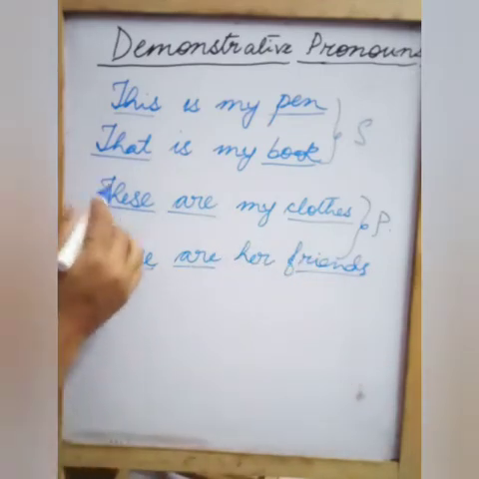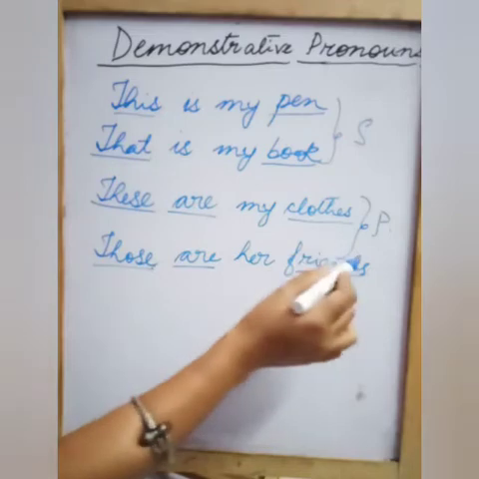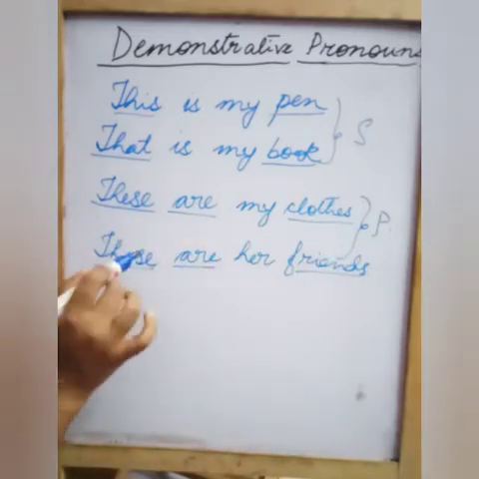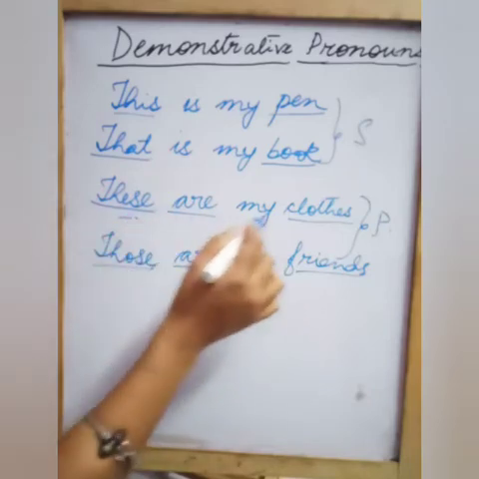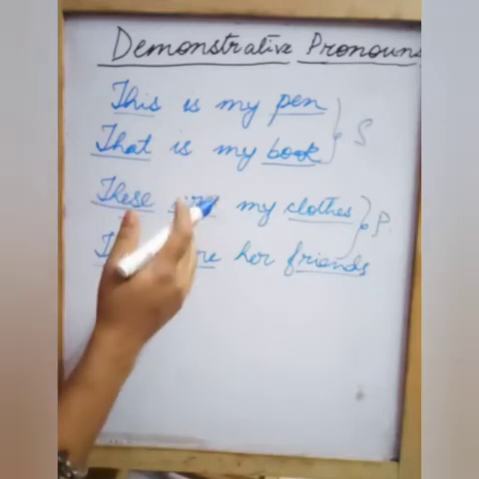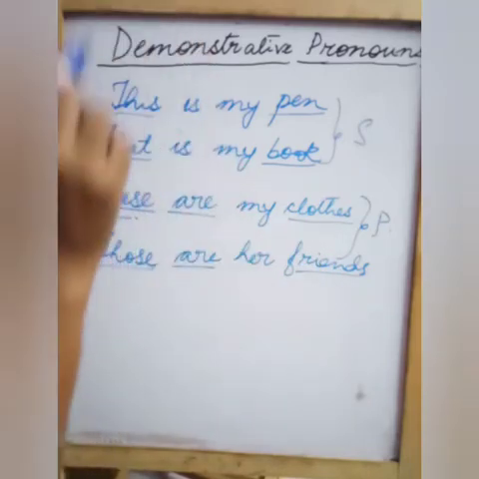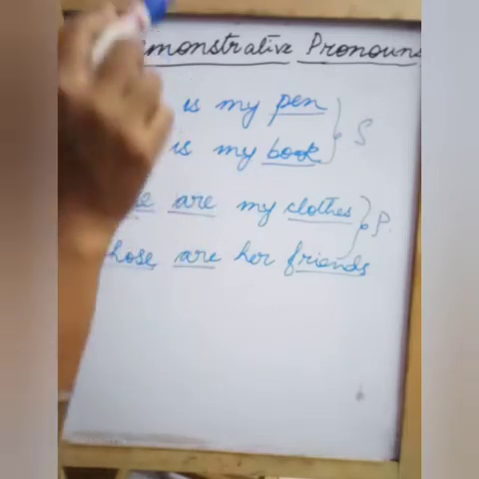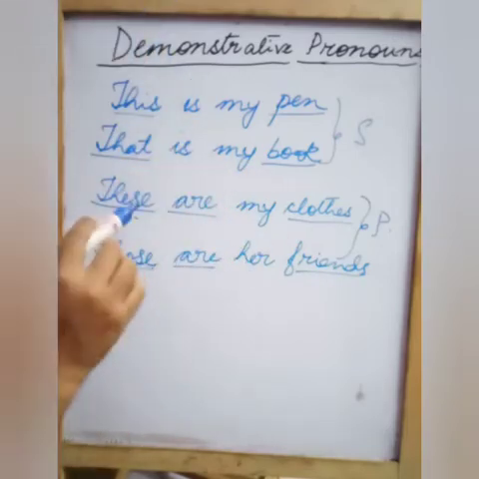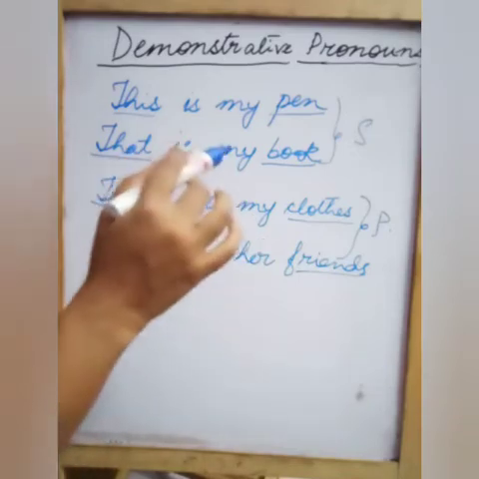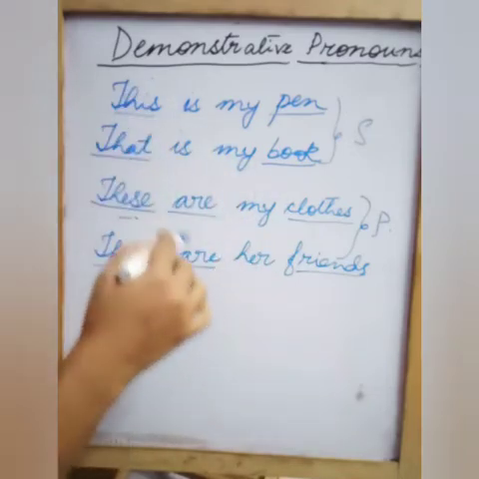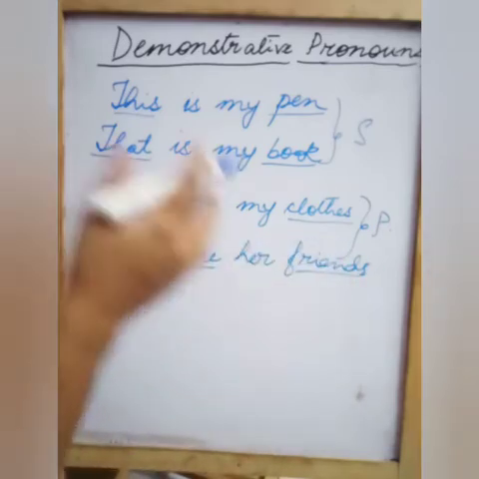Friends. Those and these. This is again plural, but in these, this is what? These is near me. These are my clothes. These, plural as well as near me. Those are her friends. I am pointing out to her friends, plural, because it's friends, but not near her.